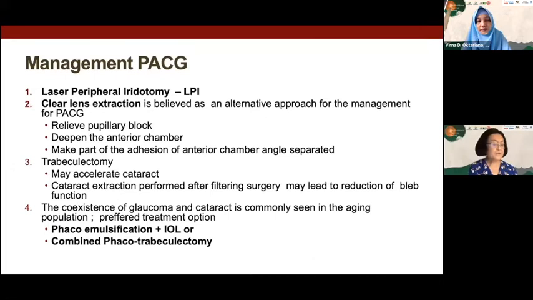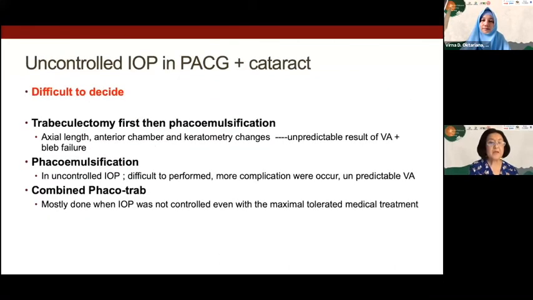Meanwhile, for glaucoma and cataract, the preferred treatment options are phacoemulsification and IOL technique, and a combination of phaco and trabeculectomy. When planning surgery in a patient with a cataract and medically uncontrolled glaucoma, it becomes difficult to decide whether to perform trabeculectomy and phacoemulsification at the same time, or phacoemulsification after trabeculectomy, or phacoemulsification only with goniosynechialysis.